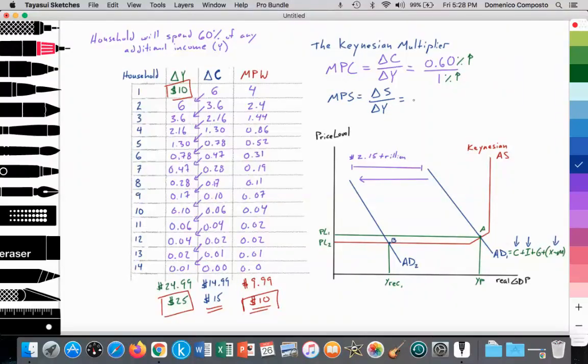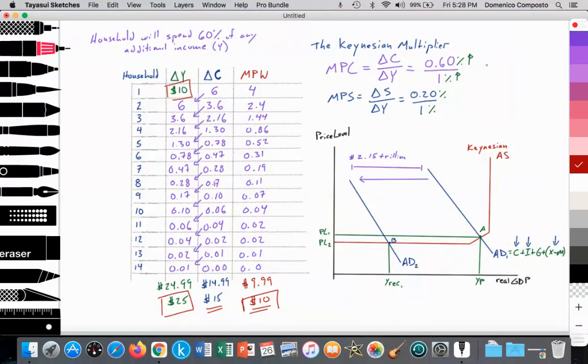And let's say that the MPS, in our example, is 0.2. That's 0.2 over 1. So every time incomes increase by 1%, that will lead to 0.2% being saved, or for every additional dollar, 20 cents will be saved by the household.